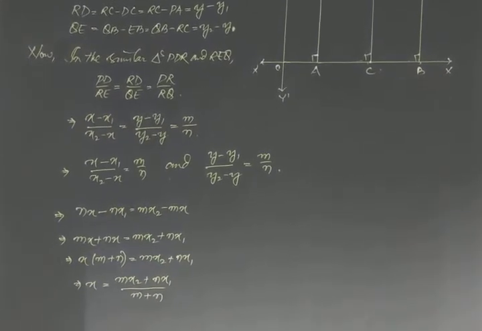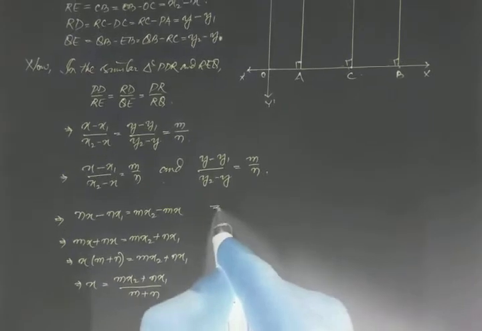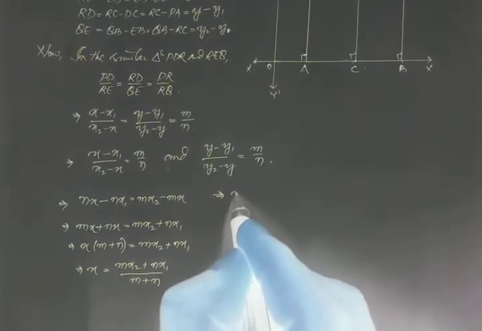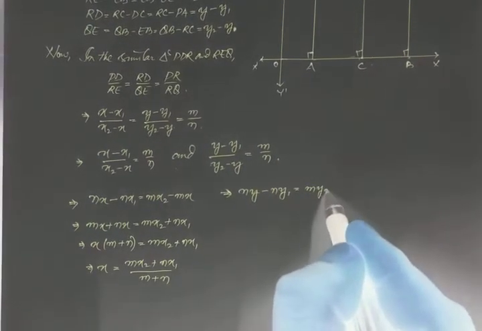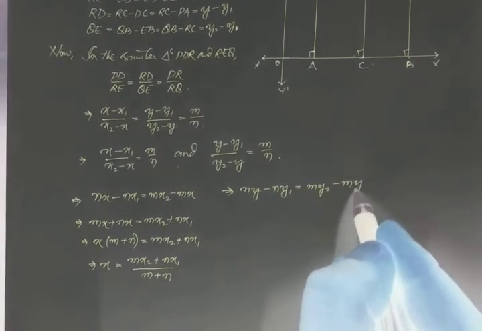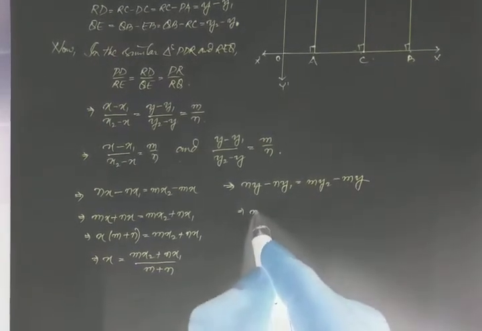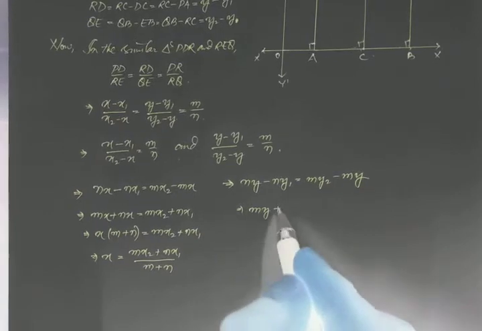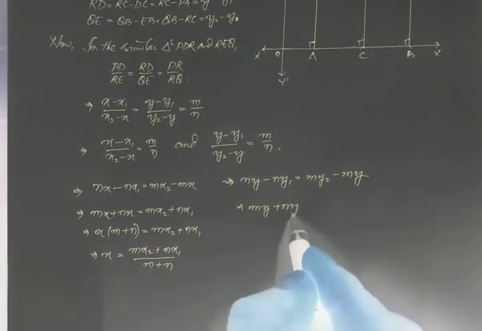We have got the value of x, and continuing this and cross multiplying, ny minus ny1, and this is my2 minus my. Once again putting both the y together, this becomes positive my, and transposing to the left, ny.